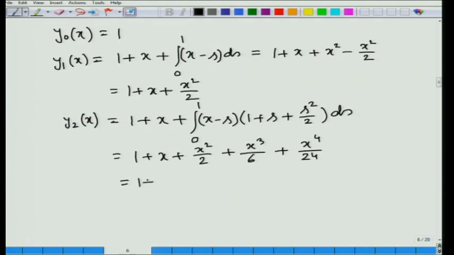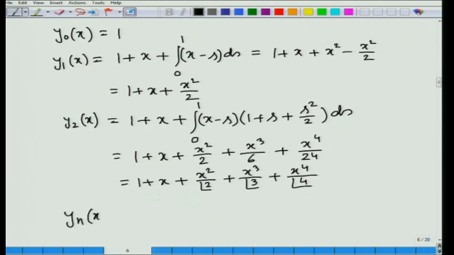So, that is actually equal to 1 plus x square by factorial 2 plus x cube by factorial 3 plus x to the power 4 by factorial 4.